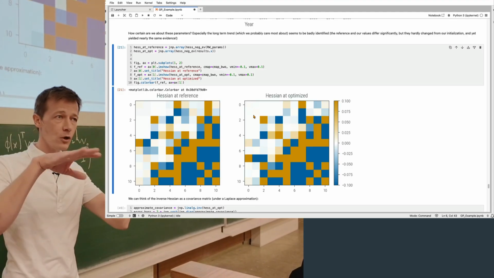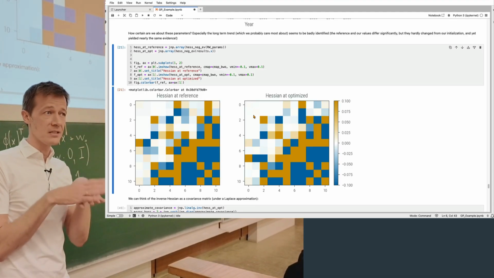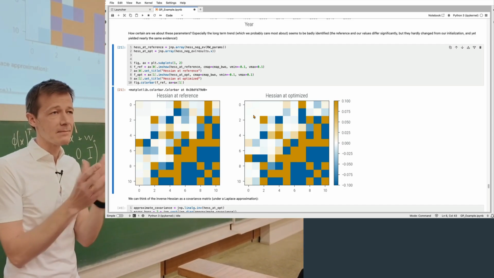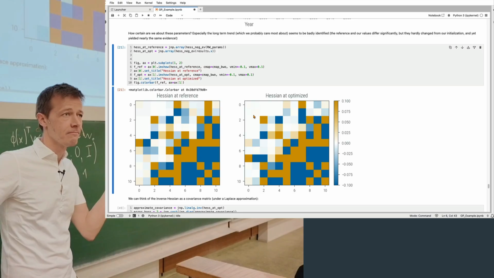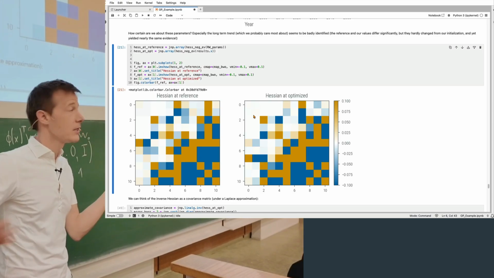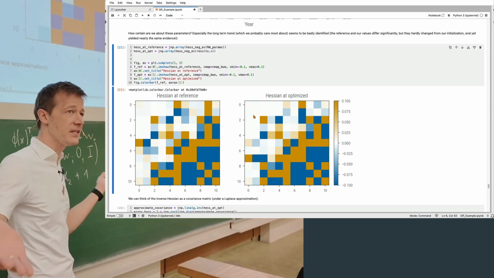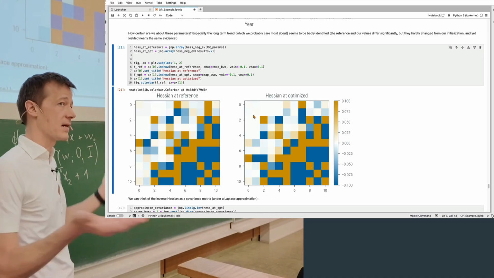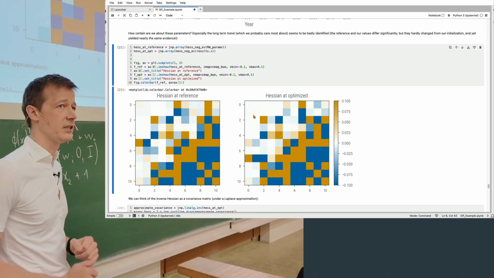They have a very low shading, which means that the curvature there is nearly zero. And that's the problem. This model is just not well identified. We don't know what the length scale is, because we don't have enough data yet. We only have 50 years. And so it's hard to figure out whether the length scale is 100 years or 10 years or 50 years.